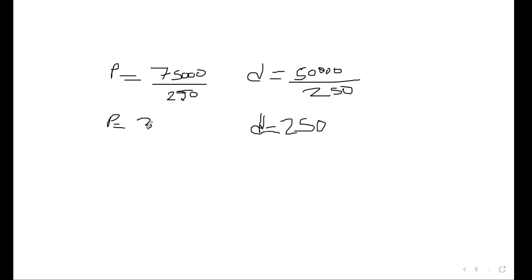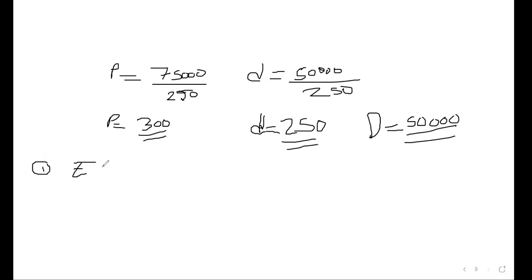So this is 300. This is how we find the daily production and daily demand. Our annual demand is 50,000.